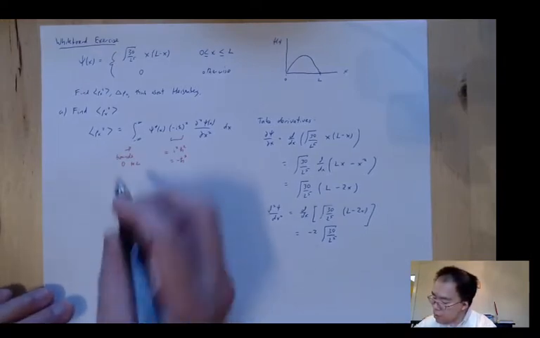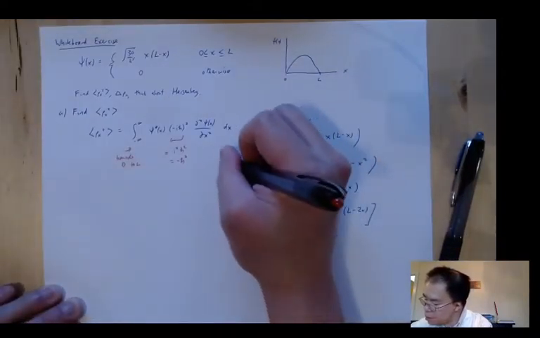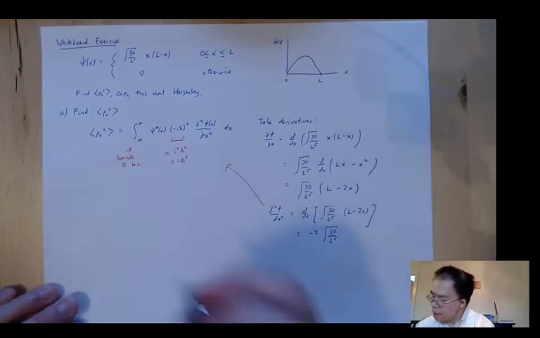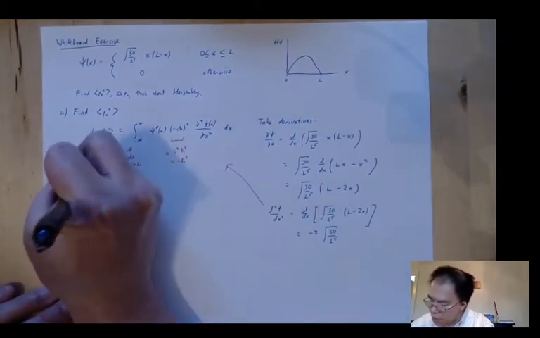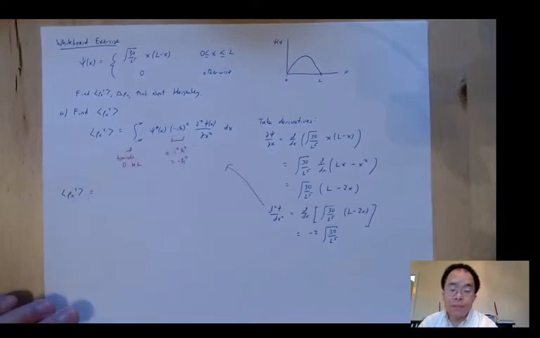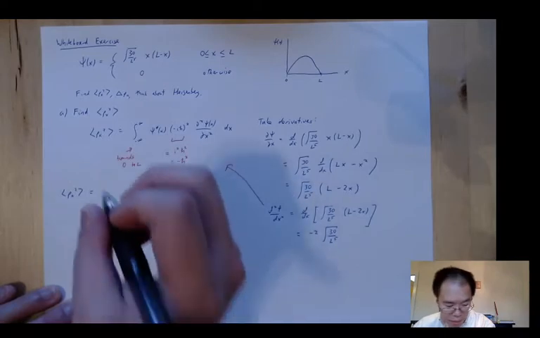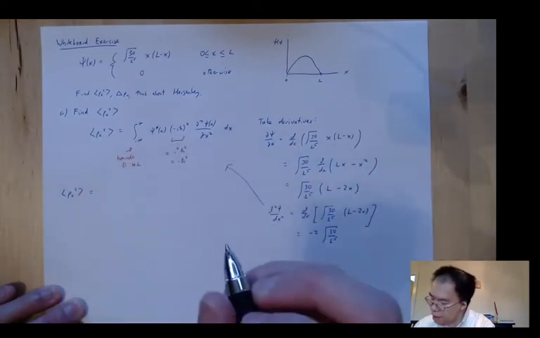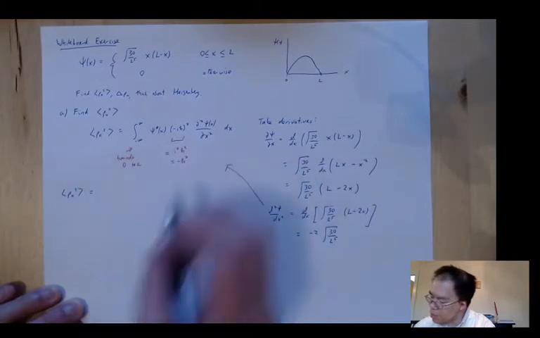So this means I can put that back in over to here, plug that in, and this now leaves me with the expectation value of p x squared. Now I'll be careful about putting my limit in. So I'll pull out my minus h bar squared from the middle here.